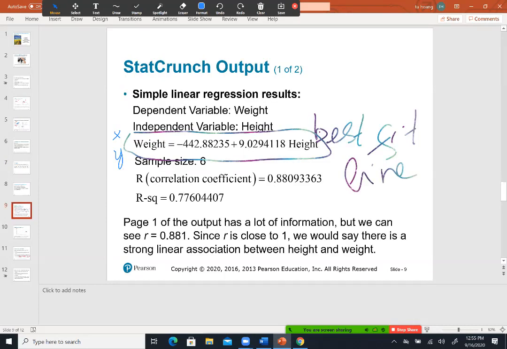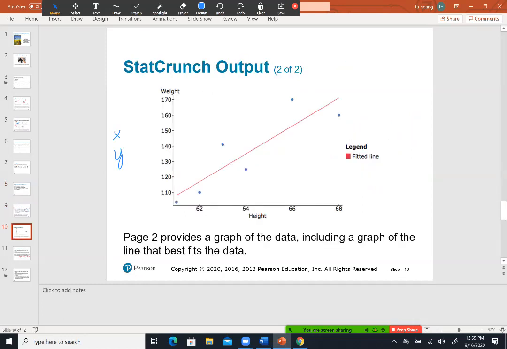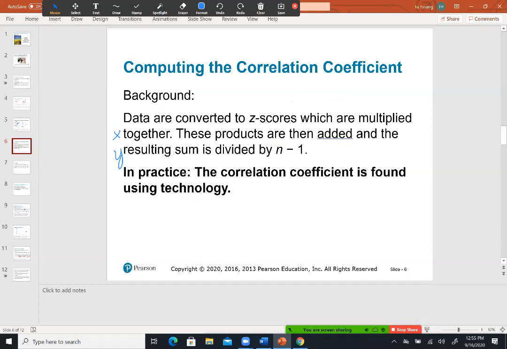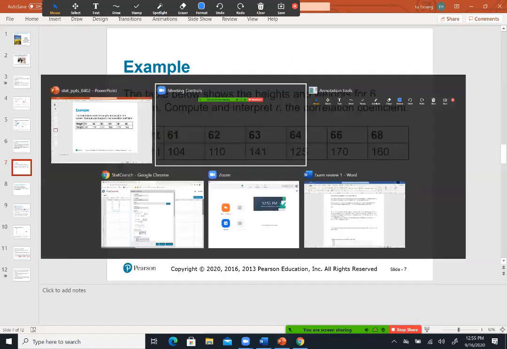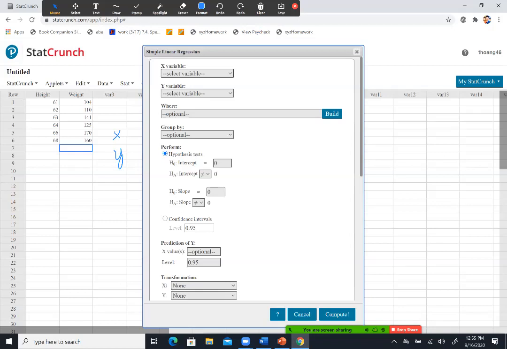Okay, you can see that height is the x-axis and weight is the y-axis. So back in StatCrunch, the x variable is height and the y variable is weight.